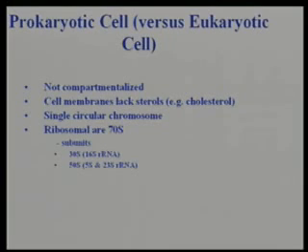First of all, they are not compartmentalized. And what that means is that you've all studied things like mitochondria, rough endoplasmic reticulum, and other membranous structures, there's nuclear membrane, other membranous structures in eukaryotic cells. Now, other than the cell membrane, there are no internal compartments in bacteria.